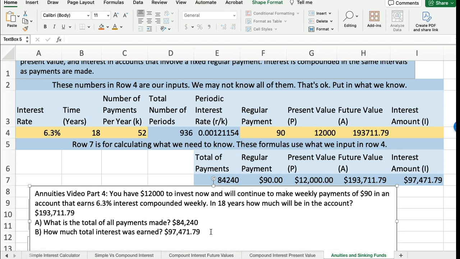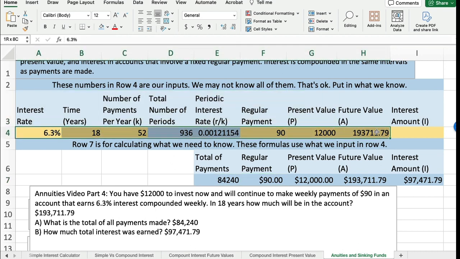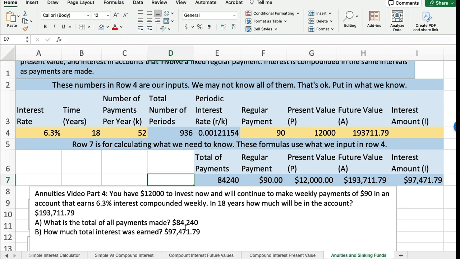So we were able to answer this question with very little effort on our part, because we took the time to set up our spreadsheet so that the formulas were, we thought a lot about how we put these formulas in, and then all we needed to do was put the correct information in the top up in row 4, and you've got all the information that you might need to answer many problems of this type.